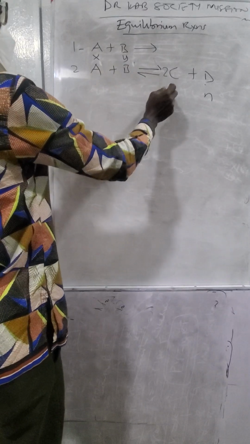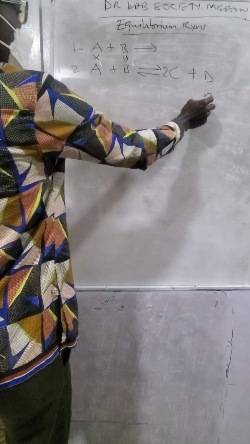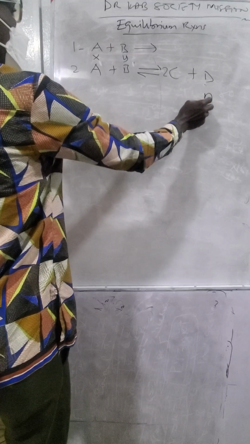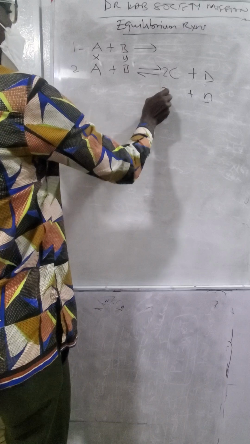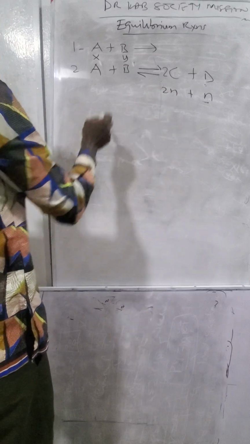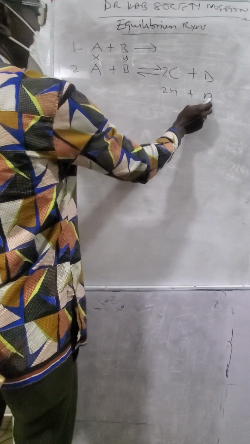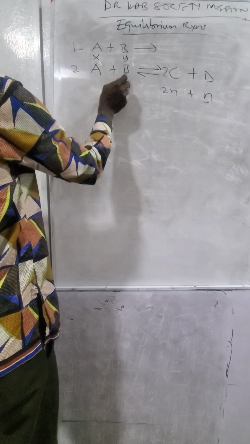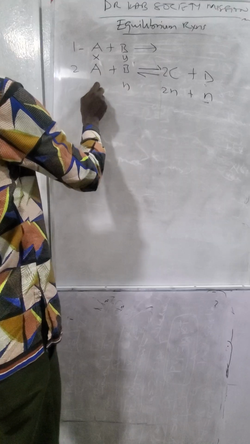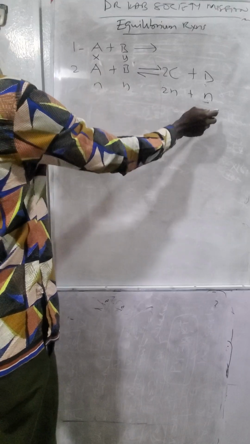Because we have n moles of D, it means we should have 2n of C here. For n moles of this to have formed, it means n moles of that, because it is 1:1, also reacted to form this.